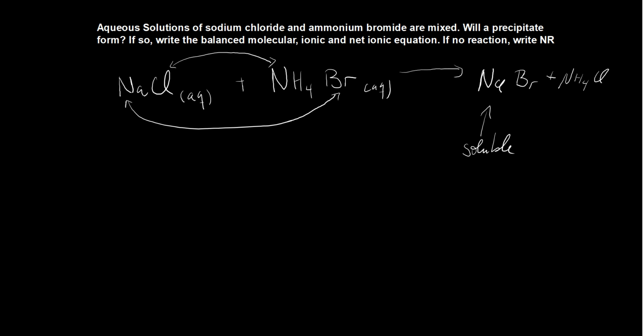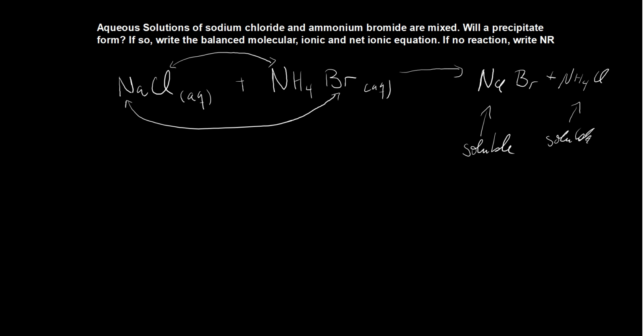Likewise, anything that contains ammonium and chloride: ammonium ions usually produce soluble salts, and chloride also. This is not part of the exception like silver or lead or mercury like we saw in the previous example, so this is also soluble. That means no reaction will take place.